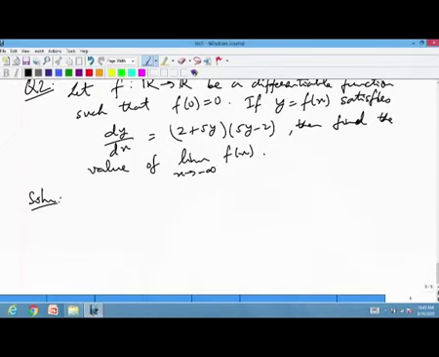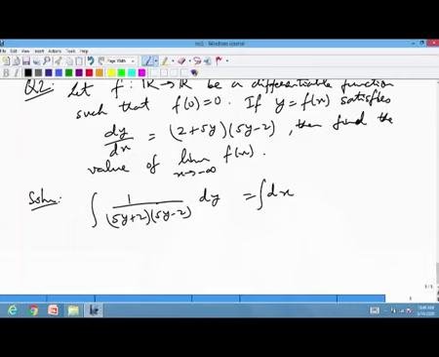So, first we will try to solve this ODE. So, we have dy dx equal to 2 plus 5 y times 5 y minus 2. So, this can be rewritten as 1 by 5 y plus 2 times 5 y minus 2 dy equal to dx. So, again this is variable separable equation. Now, we integrate both sides.